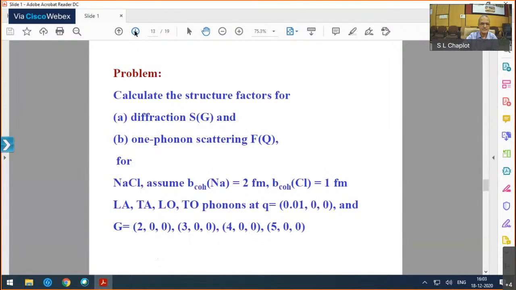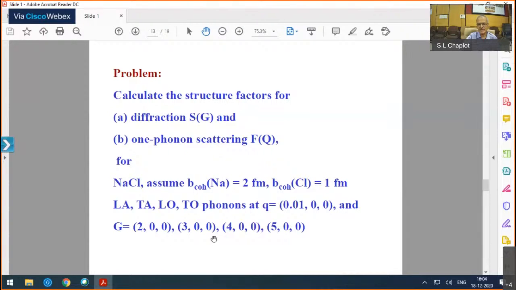Okay, let's quickly move to another very interesting problem, now on the structure factors. Suppose we were to measure phonons in a simple structure like sodium chloride, then what are the G vectors one could try to measure?